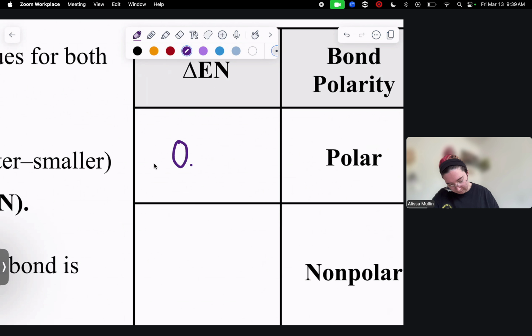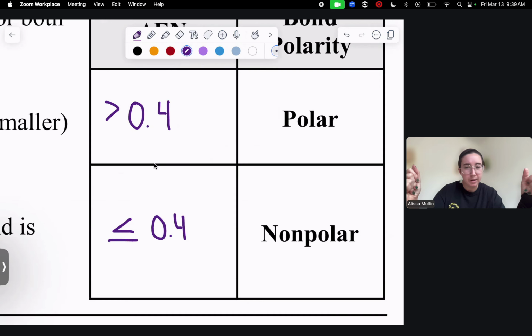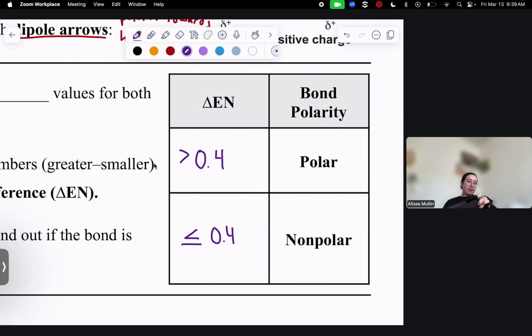If it's less than or equal to 0.4, then that's nonpolar. So again, nonpolar, they're sharing equally. One isn't winning that tug of war. They're not different enough. While polar, one is pulling way more, and we end up with like an uneven amount of electrons. So let's take a look at these examples.